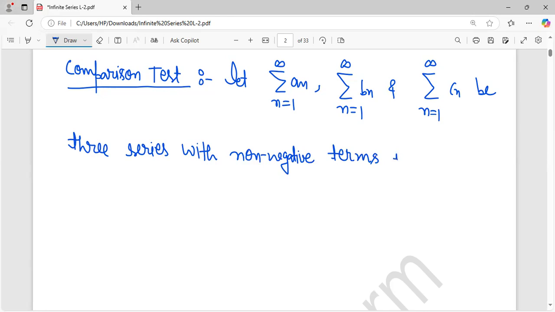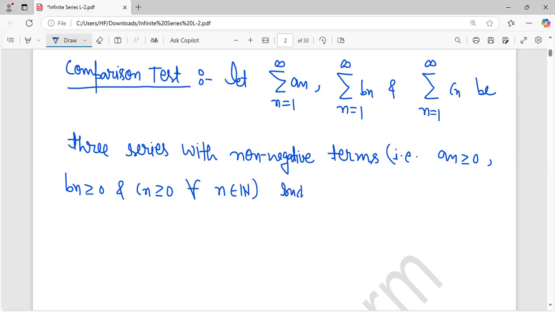Non-negative terms means an is greater than or equal to 0, bn is greater than or equal to 0, and cn is greater than or equal to 0 for n belongs to N, such that an is less than cn and cn is less than bn for all n belongs to N.